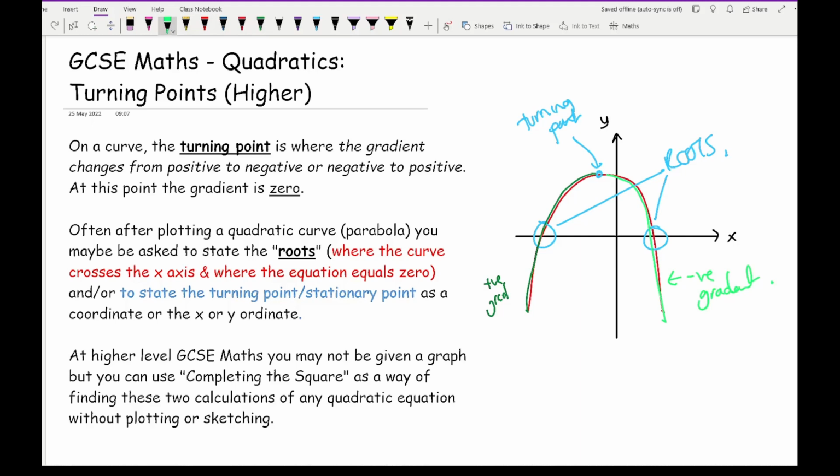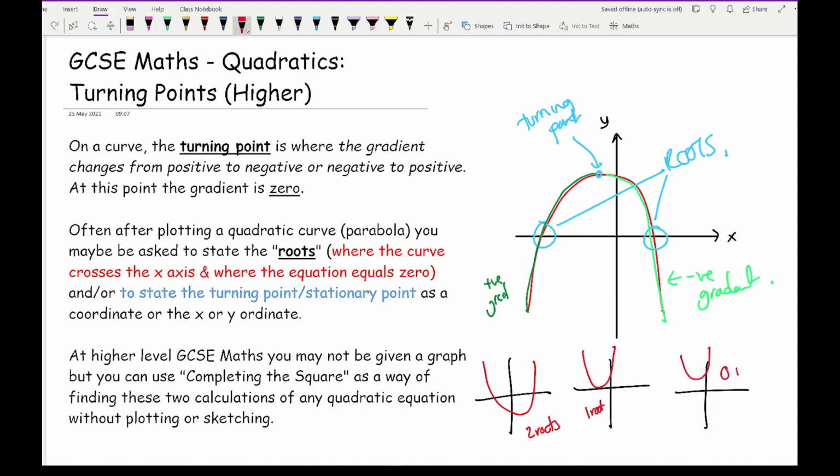Now, just bear in mind that with a parabola, you're always going to have a turning point, but you may not always have roots, and you might find that at high level, so for example, if I just deal with positive parabolas, you could end up with a quadratic equation that has 2 roots. You could have one that has 1 root, or you could have an equation that has 0 roots.